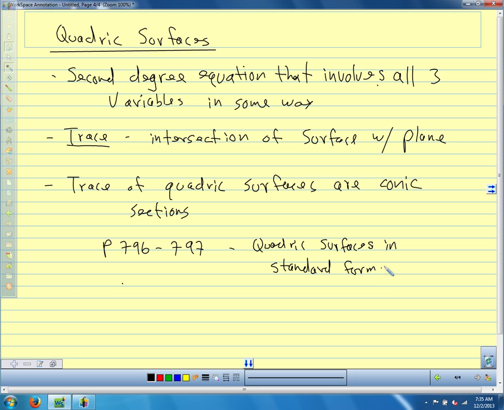So you don't need to memorize these standard forms. It's good to be familiar with them. What I suggest in the way I look at quadric surfaces is more being familiar with what their trace is in the coordinate planes, and then sketching the surface from there. So we need to be familiar with our conic sections, so we can look at our traces in the coordinate planes.